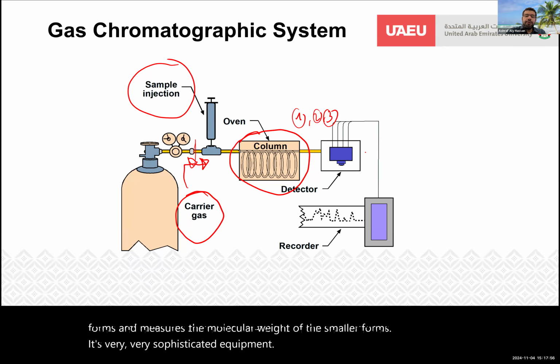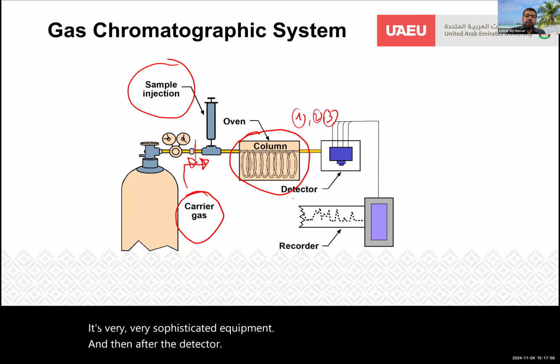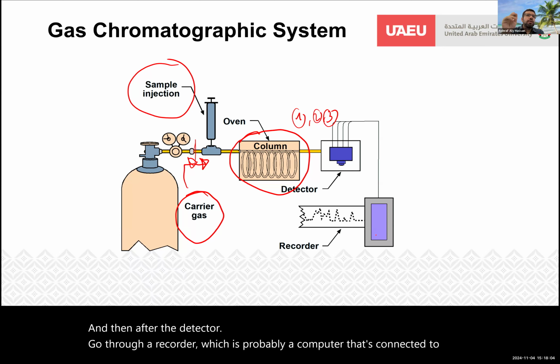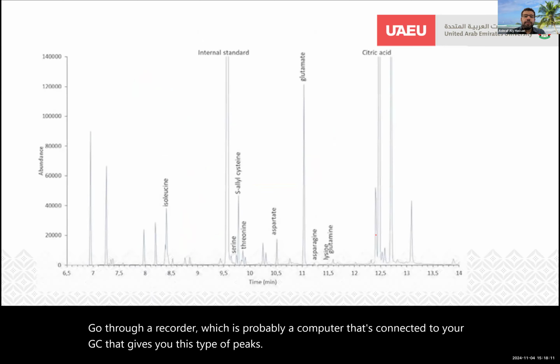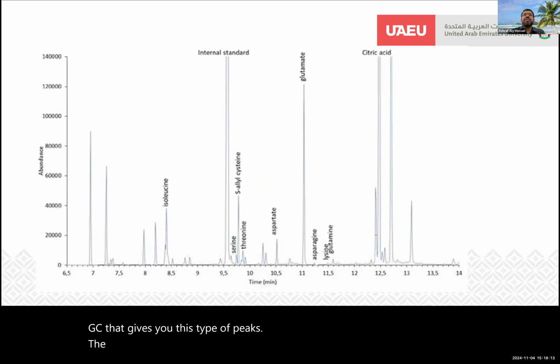And then after the detector, it goes through a recorder, which is probably a computer that's connected to your GC that gives you this type of peaks. The carrier gas itself is the baseline. It does not make any disturbance. So let me show you here.